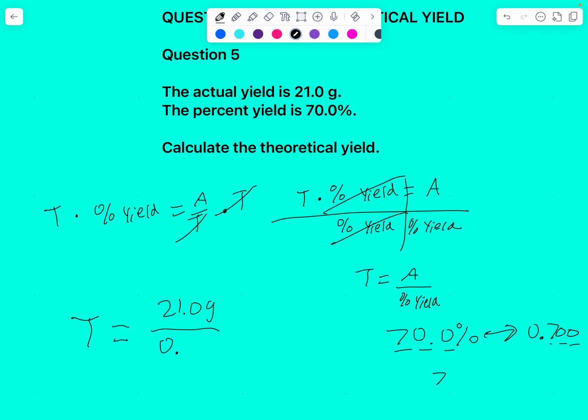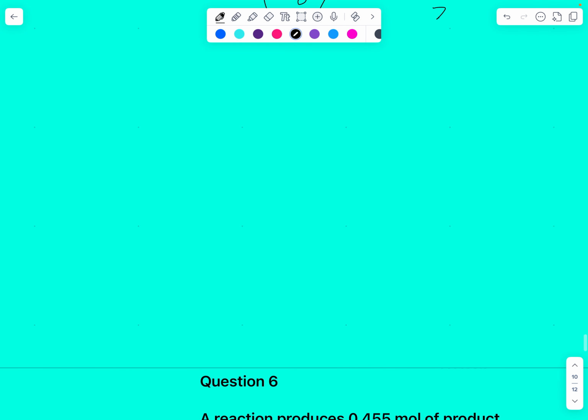So I'm going to plug in 0.700 in the formula. I'm not going to be plugging in 70%. That'd be crazy. Okay, by doing the division, I got 30.0 grams. And that wasn't too hard, just because I knew, like, 21 divided by 7 is 3, and then the digits. But you'll get a calculator probably for that. So the final answer is 30.0 grams. Let's look at question 6.